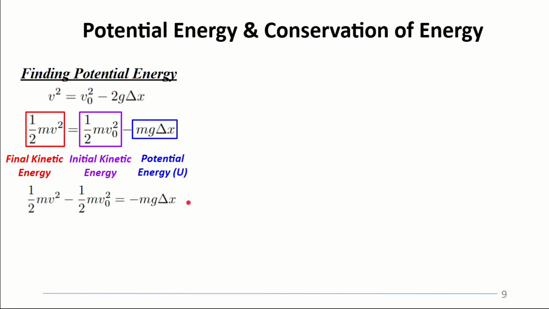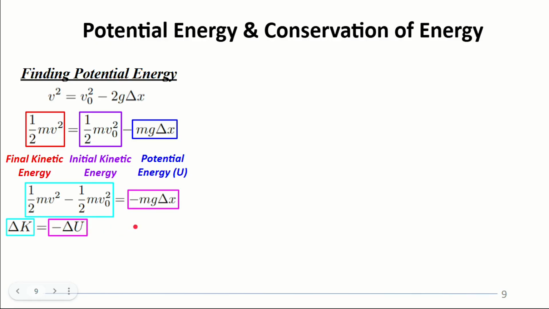So we take a look at our equation down here, and if we take a very close look at this, we can rewrite this equation as delta K is equal to negative delta U. This blue part here is going to correspond to our delta K, and this pink part here is going to correspond to our delta U, or minus delta U. And if you rearrange this, you'll find the sum of the change in kinetic energy plus the change in potential energy is going to equal 0.